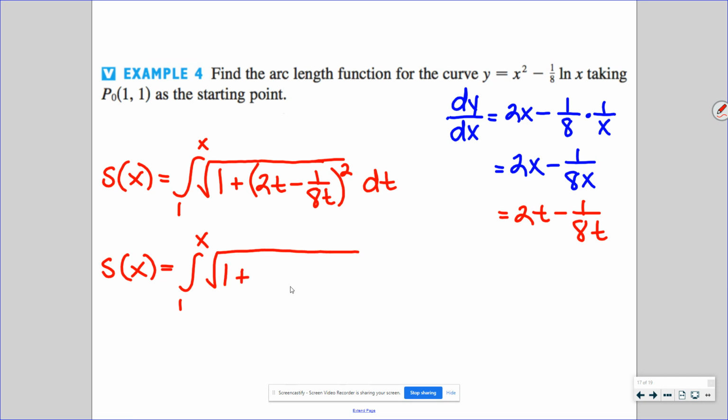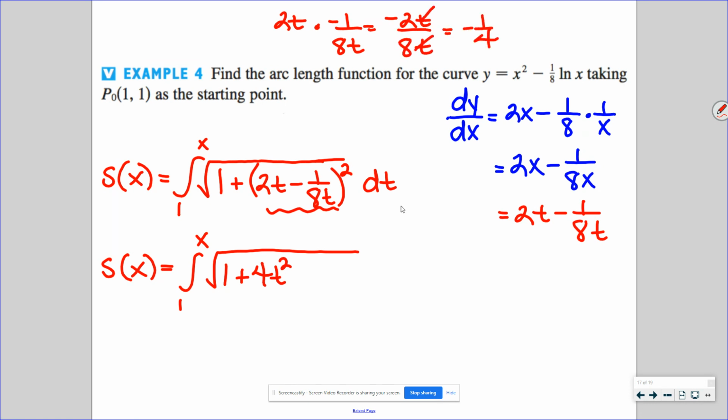Now, in this case, you're going to have to be super careful. Simplifying means you're going to be squaring this binomial. So remember the shortcut is square the first term. The middle step is multiply these two terms and double it. When you multiply 2t times negative 1 over 8t, you get negative 2t over 8t, but that reduces to just negative 1/4, okay?